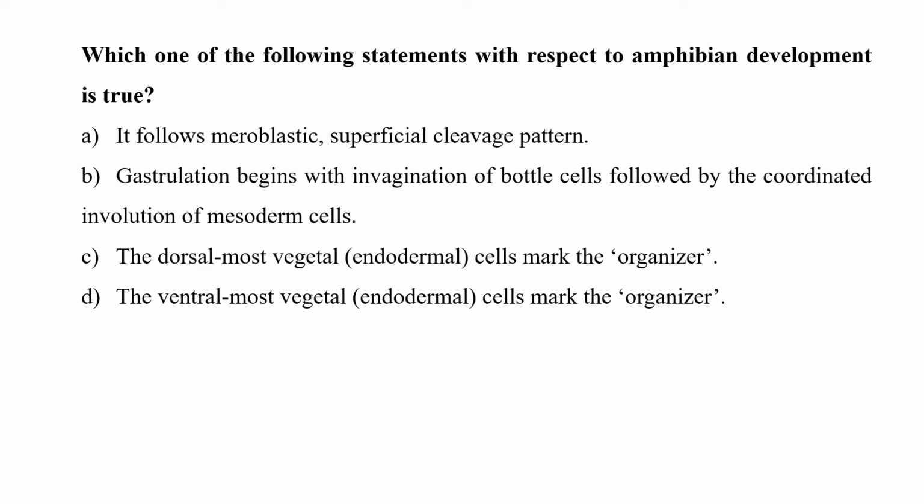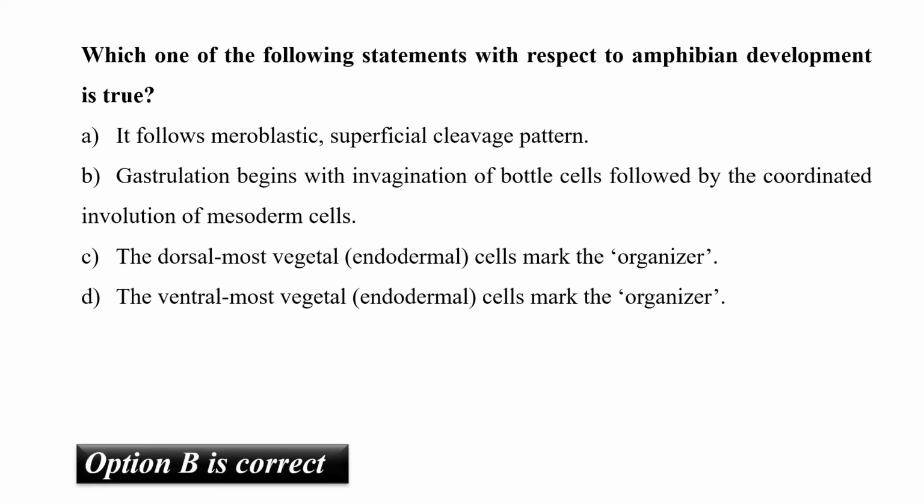The second statement says gastrulation begins with invagination of bottle cells followed by coordinated involution of mesoderm cells. Yes, that's true. Gastrulation begins with the invagination of bottle cells and it is further coordinated by the mesodermal cells. So option number B is the correct answer to this question.